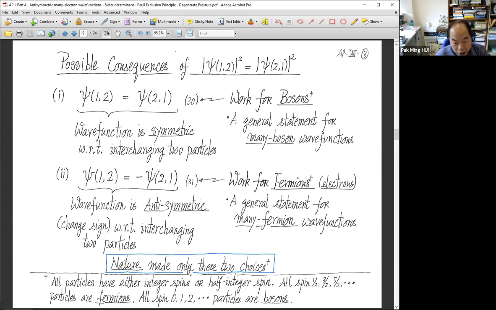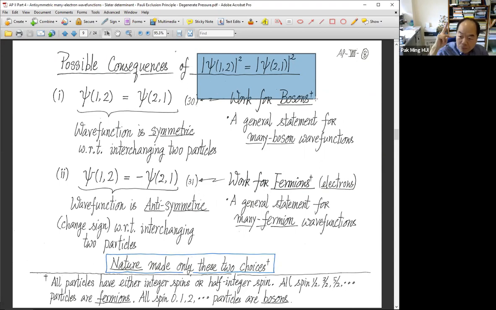If you interchange the coordinates, it's off by a minus sign, a change of sign. If this is the case, you square this, it is still okay. Do you follow this logic? The highlighted part is what our quantum mechanics interpretation requires for indistinguishable particle wave functions.